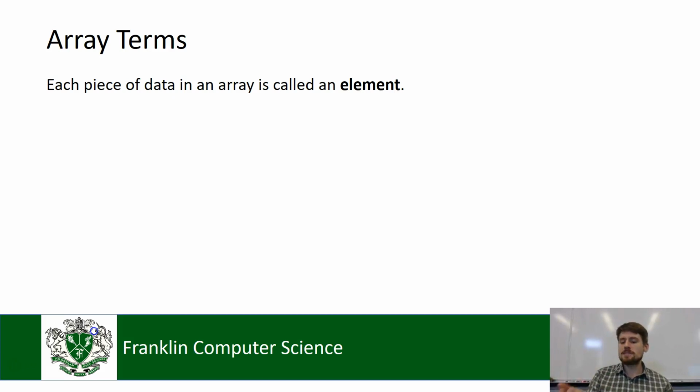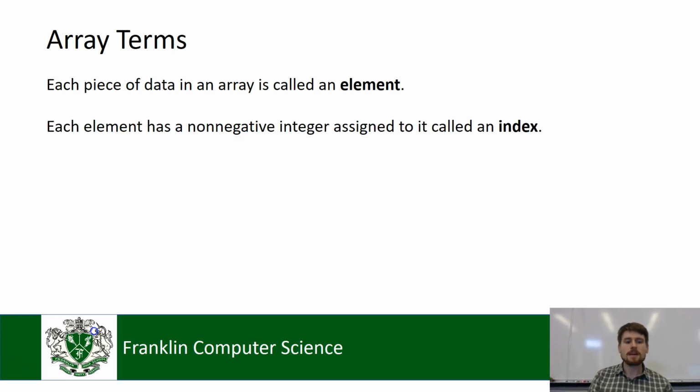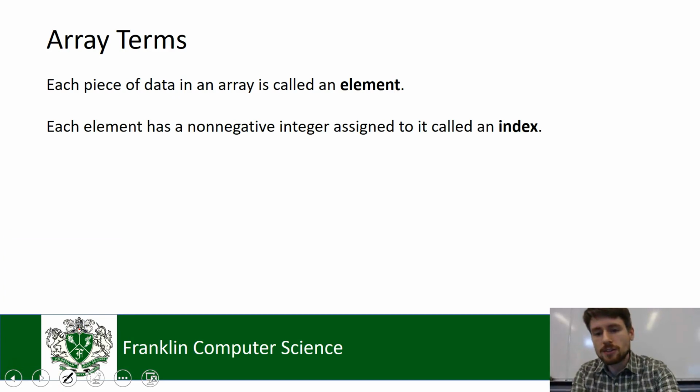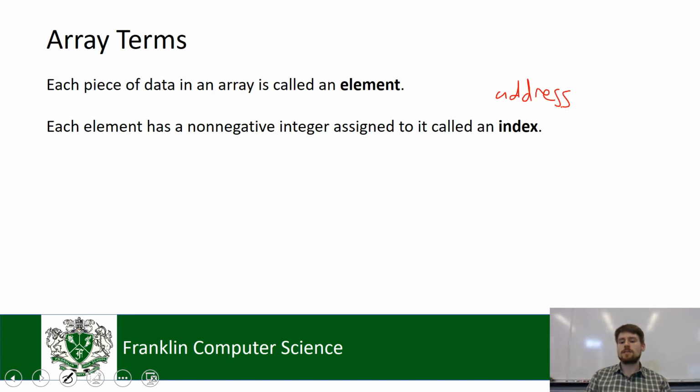The element is the value that's at that location in the list. Each element has a non-negative integer assigned to it called an index. Okay, so that is that address. This is saying where the element is. So this is an address, and there's only one element at that index.